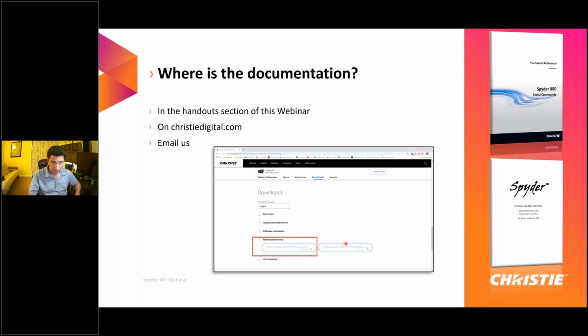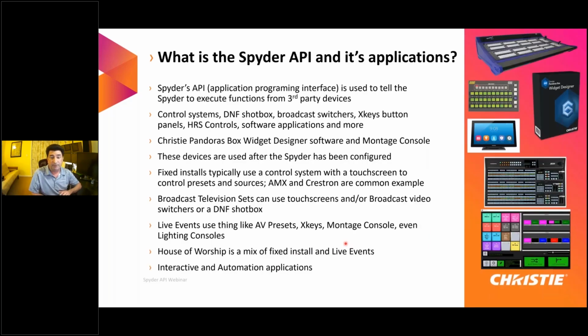Right. So what is the Spyder API? Spyder API is basically a machine language used to execute functions from third-party devices, control systems, AMX and Crestron, DNF Shotbox. They have a pretty cool product that'll control the Spyder.